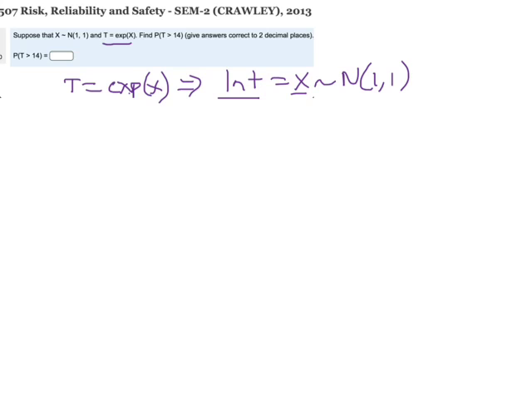So all we have to do now, now that we know that ln t is normal, is find the critical values for this part here.